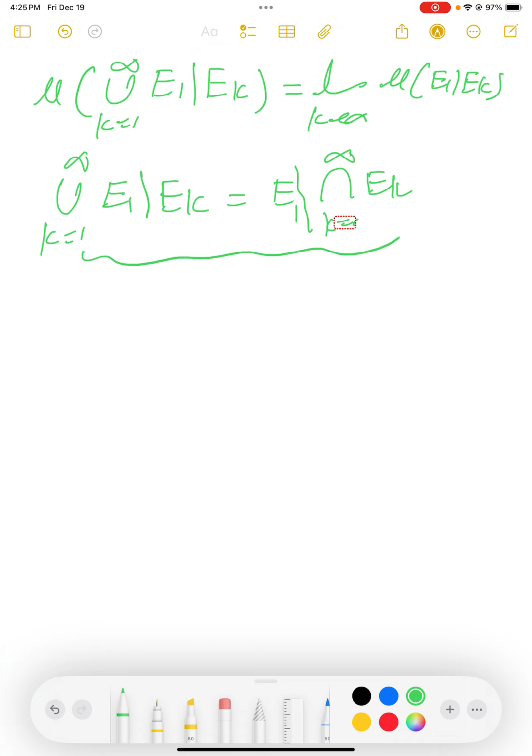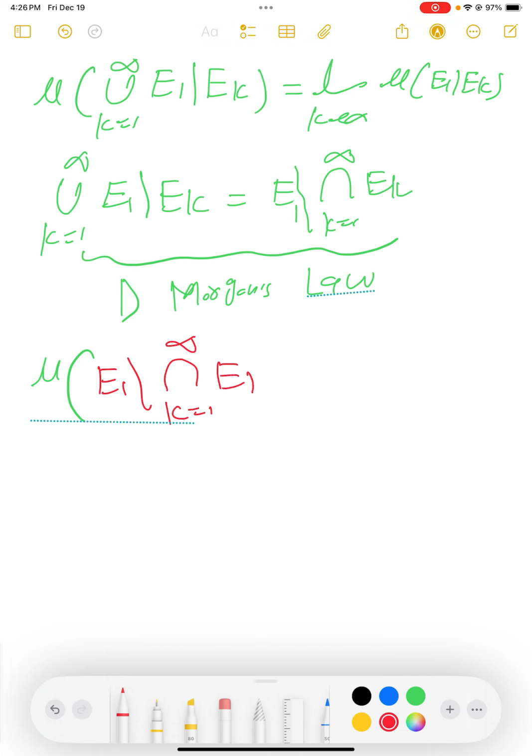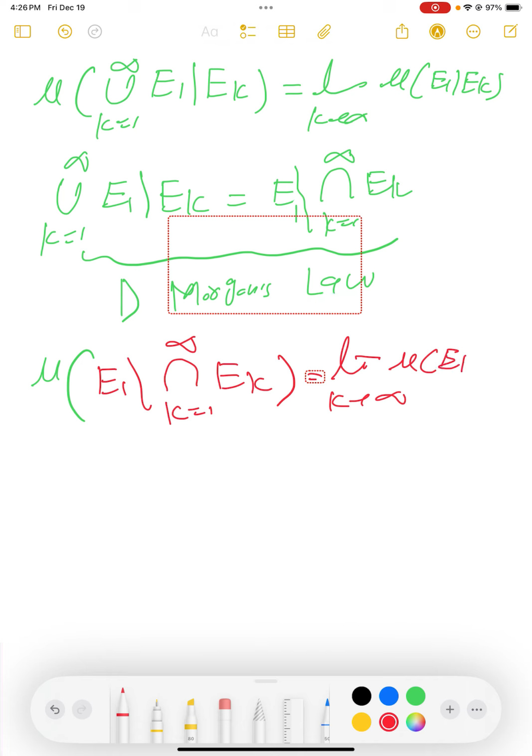This is De Morgan's law. So we can replace that: the union of E1 difference Ek is E1 difference the intersection over k from 1 to infinity of Ek, and on the other hand, the measure of E1 difference Ek is the measure of E1 minus the measure of Ek.